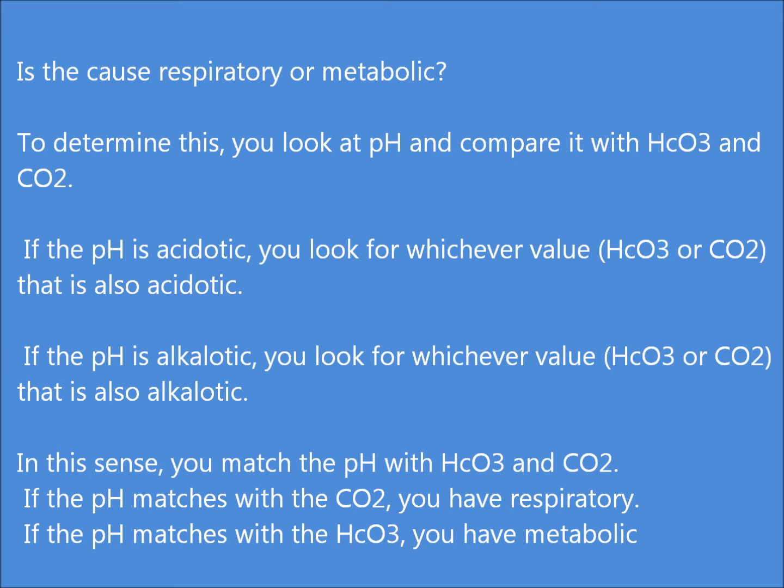If the pH is alkalotic, you look for whatever value, HCO3 or CO2, that is also alkalotic. In this sense, you match the pH with the HCO3 and the CO2. If the pH matches the CO2, you have a respiratory cause. If the pH matches the HCO3, you have a metabolic cause.